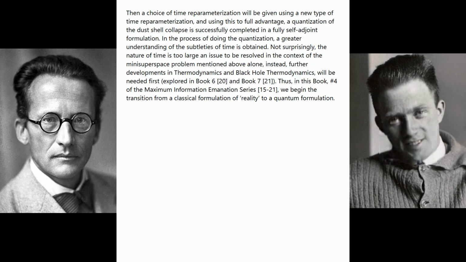Not surprisingly, the nature of time is too large an issue to be resolved in the context of the mini-superspace problem mentioned above alone. Instead, further developments in thermodynamics and black hole thermodynamics will be needed first, explored in Book 6 and Book 7. Thus, in this book, number 4 of the Maximum Information Emanation series, we begin the transition from a classical formulation of reality to a quantum formulation.